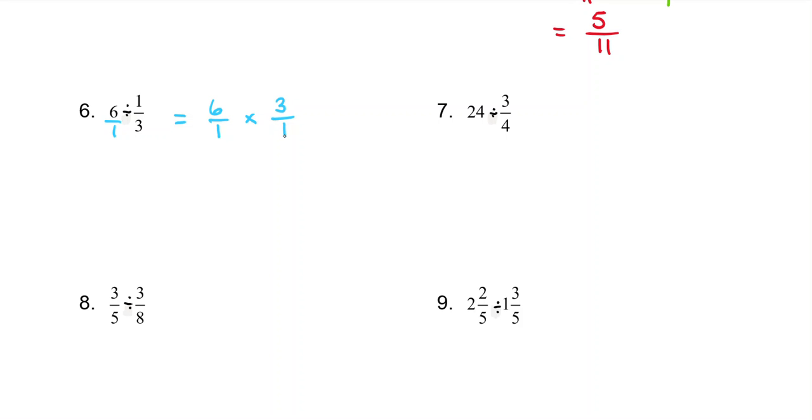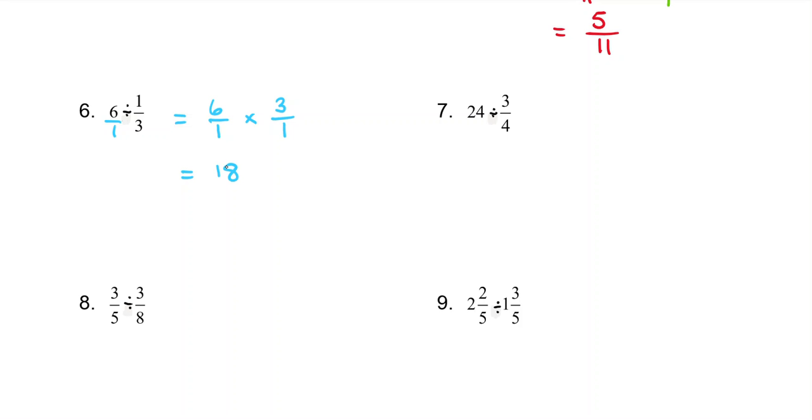Okay, is there any cancelling that I can do? No, all right, so let's multiply. 6 times 3 is 18, and on the bottom, I would have 1 times 1, which is 1. Do I need to put it over 1? No, because that's more simplified. 18 divided by 1 is just 18. Okay, so I can leave it like that.